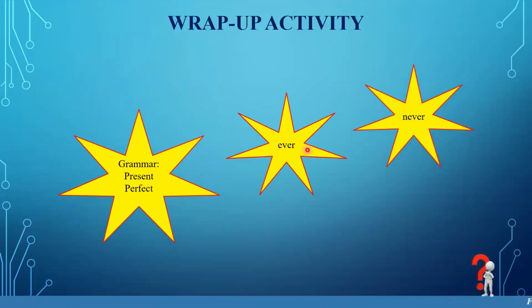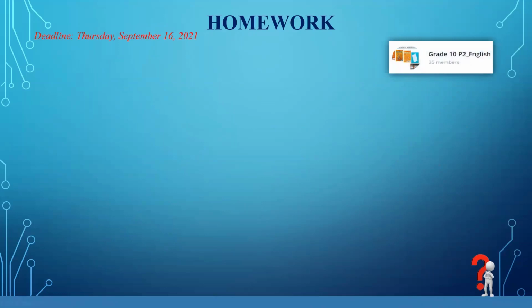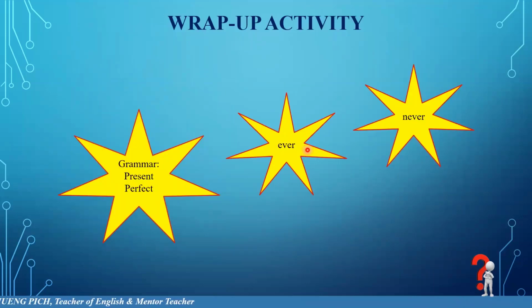When you want to ask to confirm, and when you want to respond with a negative statement with not, you can use ever as well. When you want to share your experience, the first time you do things, you can use ever.